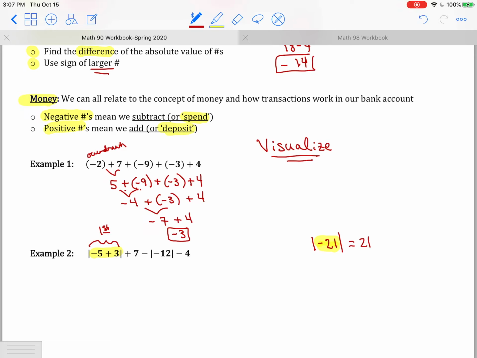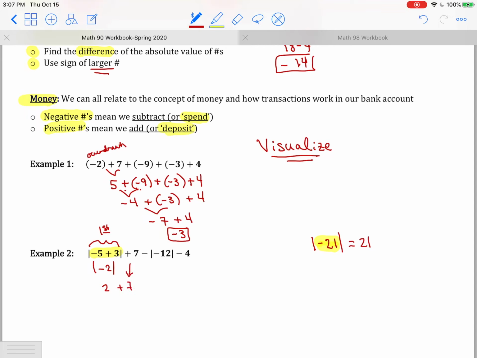So we're going to take negative 5 plus 3, so we're overdrawn $5, and we add 3 to that. So we're still at negative 2, and this is still in absolute values. All we did was do the math. Now we can take the absolute value of that number, and negative 2 is 2 spaces from 0. So we're done with that absolute value, and basically then all we're doing, you guys, is bringing everything down.